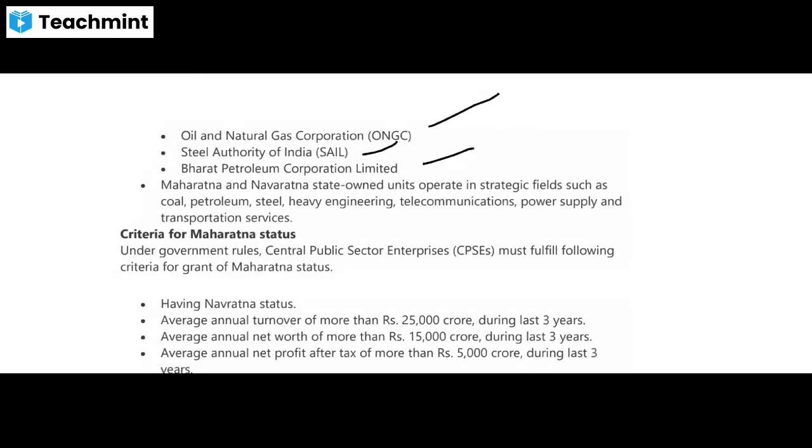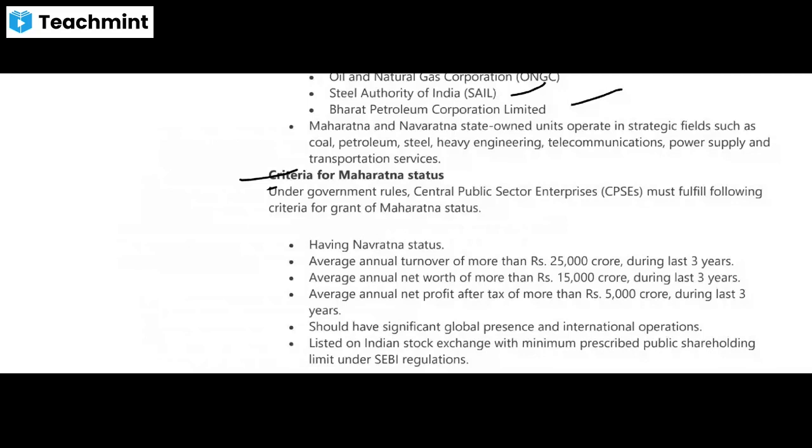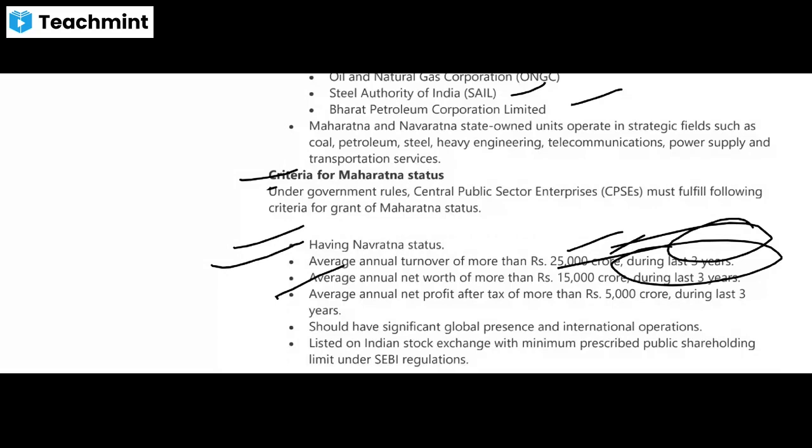So to get Maharatna status, the company must have Navaratna status and the annual turnover to be more than 25,000 crore during last 3 years, and the average annual net worth of more than 15,000 crore during last 3 years.